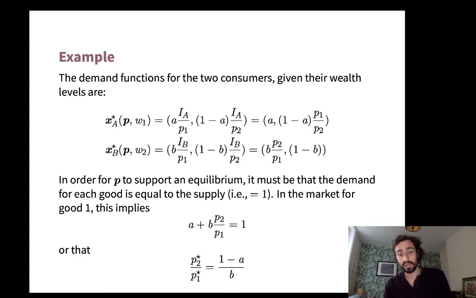That's A plus P2 over P1, that's the amount of demand for good 1, and that has to equal 1. Well, that means we can solve for P2 over P1, and we get 1 minus A over B. In other words, in an equilibrium, it must be that the ratio of price 2 to price 1 is equal to 1 minus A over B. So what we get is a condition on the prices.